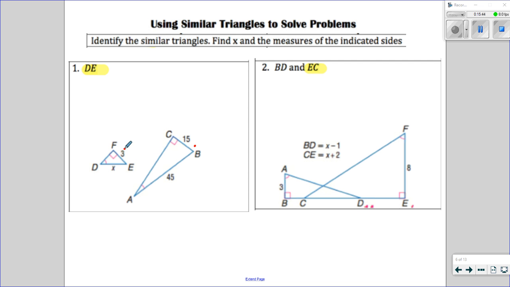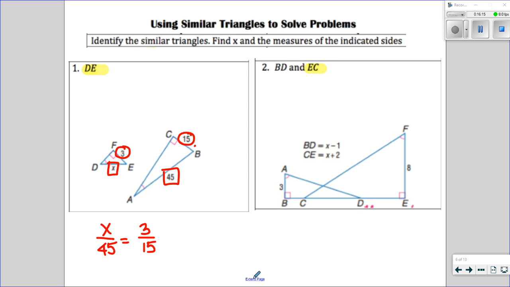I'm going to do it like this so you know what you need to do in order to set up the proportion. So x over 45 is equal to 3 over 15. And just a reminder, whatever you take from this side and you set it to the other side, you have to do the same with the other one. Same order, same pattern. So it's x over 45 and 3 over 15.